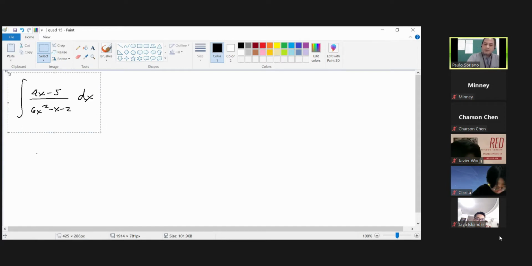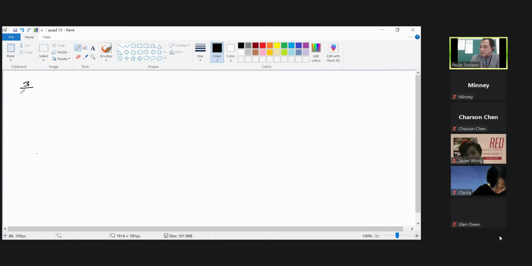Let's set this one aside for now, and let me give you two simple algebraic fractions. Let's say 3 per x minus 5, simple enough, and I want you to add it to 4 over x plus 2.